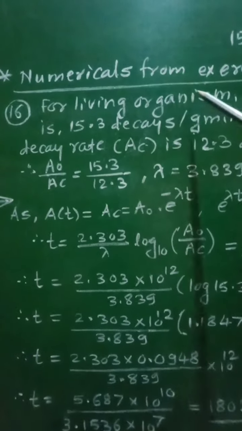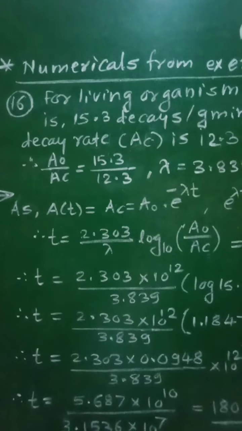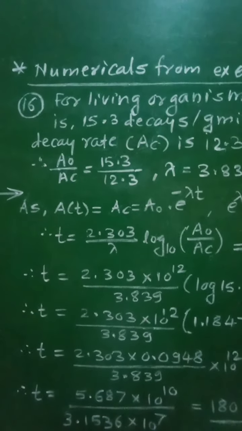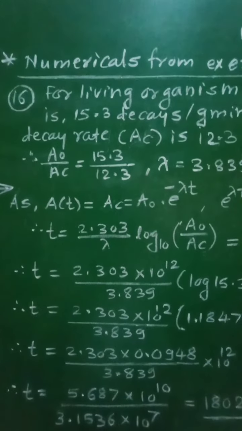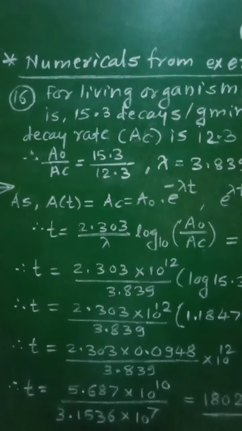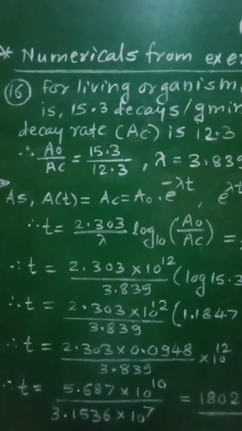Let us see numerical number 16, which is stated as: a sample of carbon obtained from any living organism has a decay rate of 15.3 decays per gram per minute.